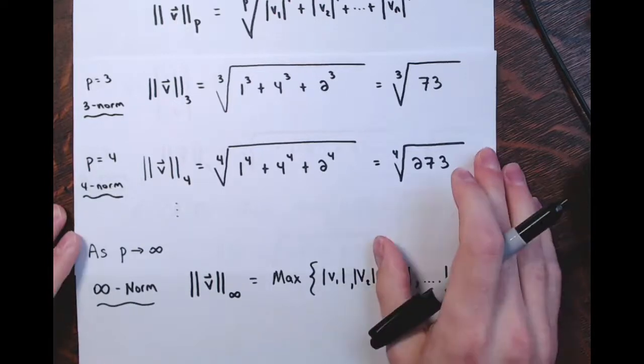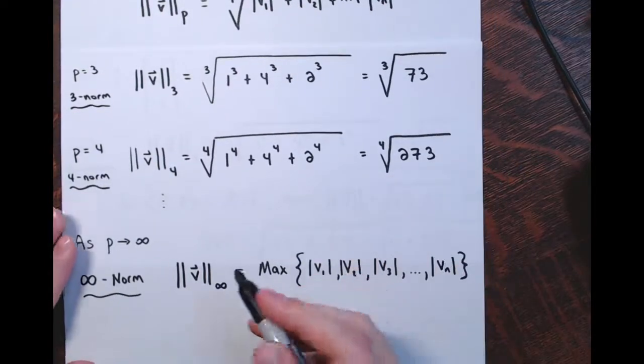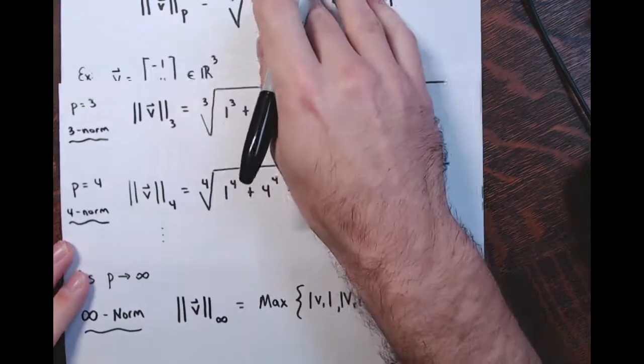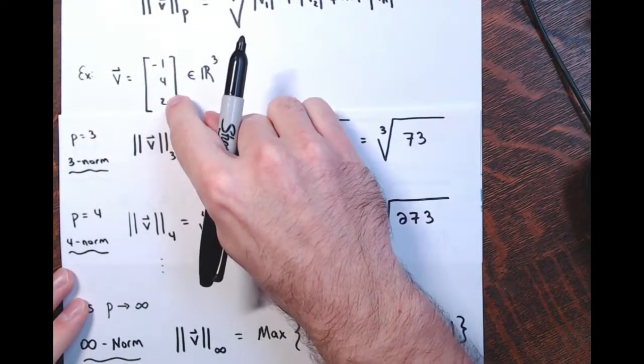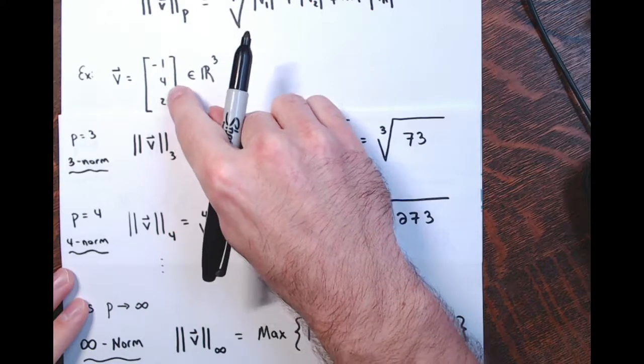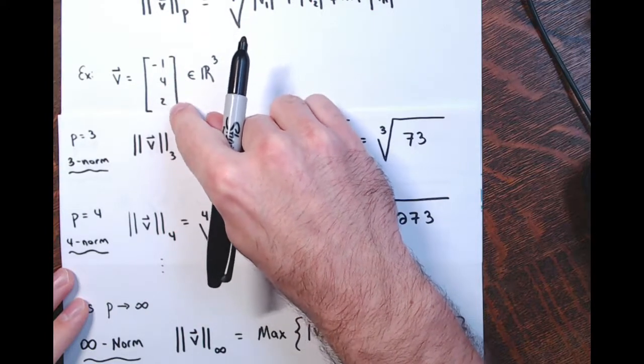So I'm going to show you this on a calculator. For this example, it would just be 4, wouldn't it? The largest absolute value of any of these components is 4. You've got 1, 4, and 2.